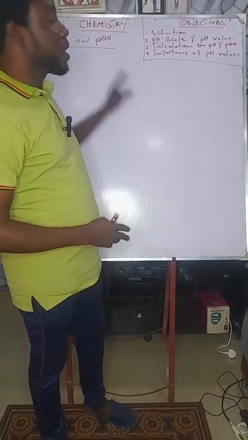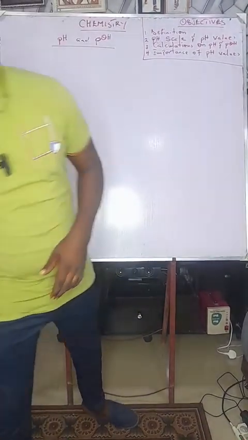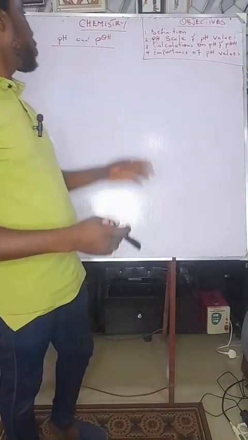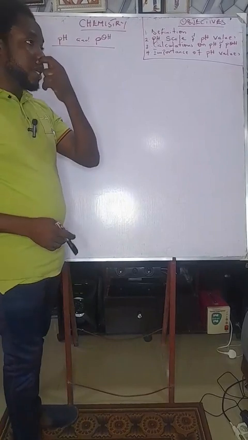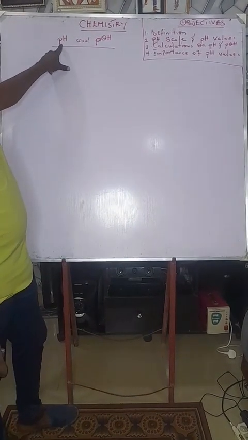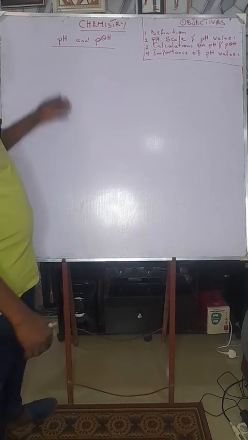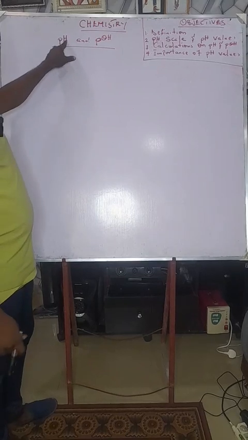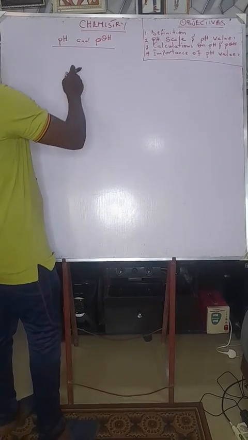So we are going to begin with the term pH. What is pH? Before we continue, you should know that this P is a small letter. It's just because I'm writing it as a topic. P is not raised to power, because majority of us used to write it as raised to power.